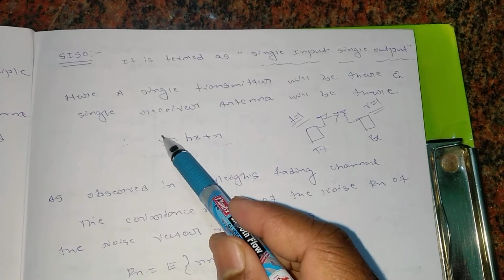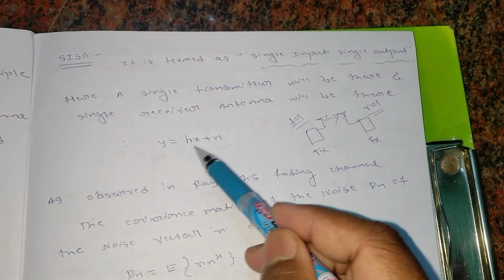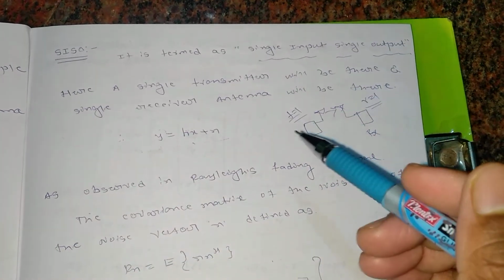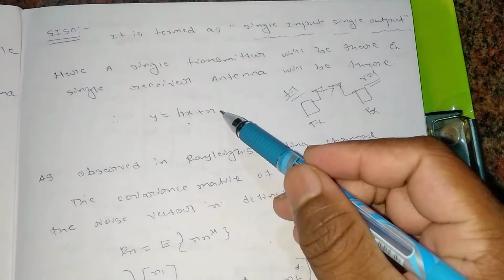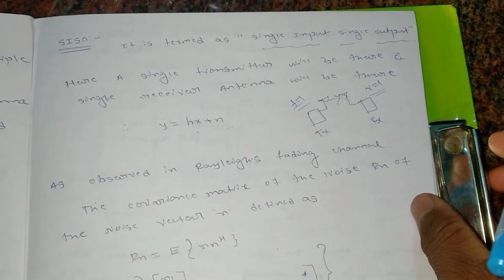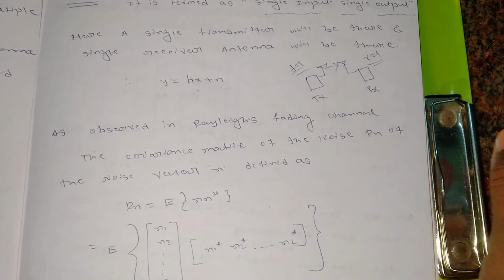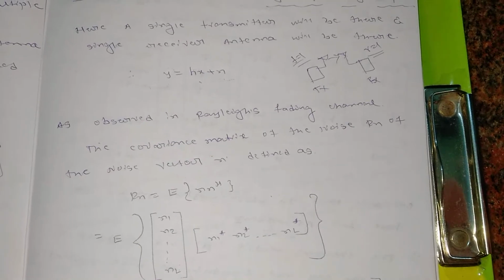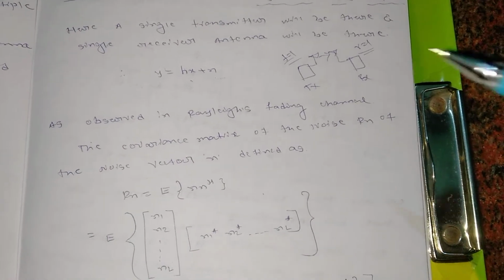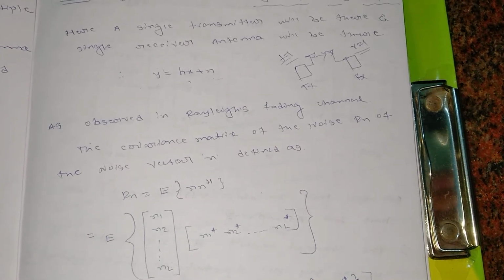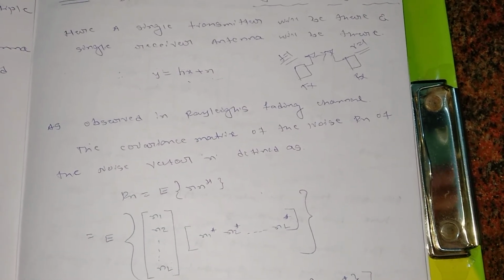So this equation will be very simple. I will be having a received component Y, and it will be multiplied with only one channel coefficient H, and a noise will be added as well, that is additive white Gaussian noise, right? So this is the super simple structure of SISO. Now I will create the mathematical model for that one as well. As observed in the Rayleigh fading channel, the covariance matrix Rn of the noise vector n is defined as.